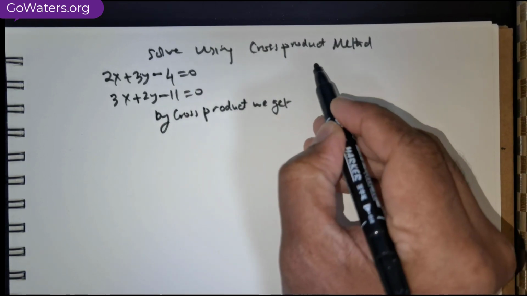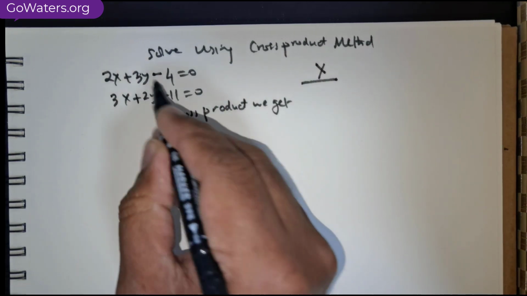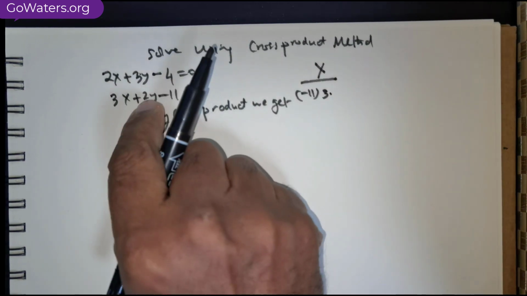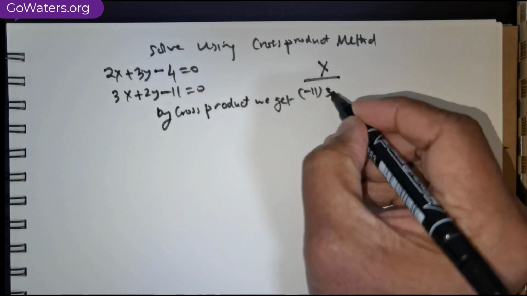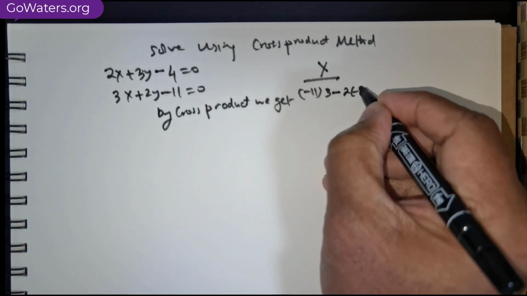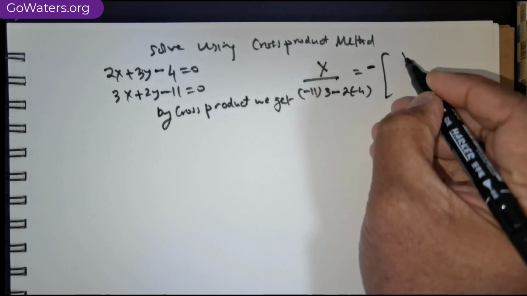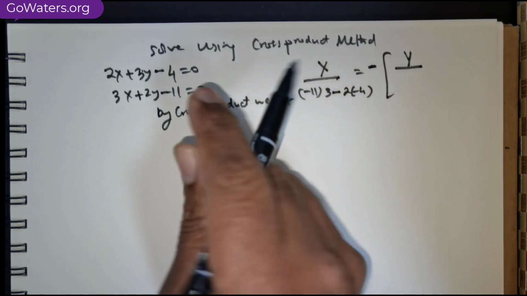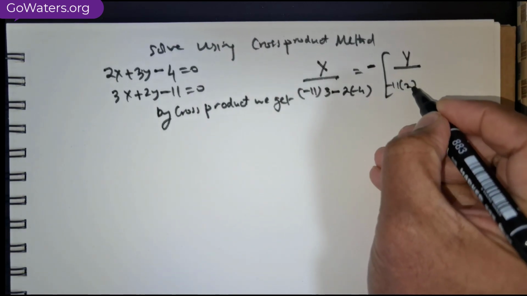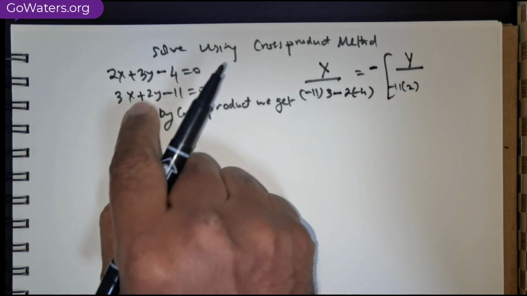You can place x like that, divided by, leave this column, multiply negative 11 with 3. When you operate from the left hand side, you carry a negative sign, and then 2 multiplied with negative 4 is equal to, when you come to the second term, you place a negative sign and you place y, divided by, you leave this column, negative 11 multiplied with 2, and when we are taking it from the left side, you carry a negative sign.